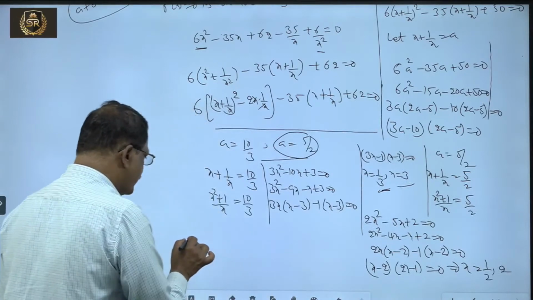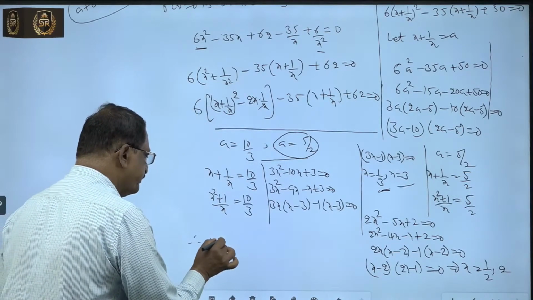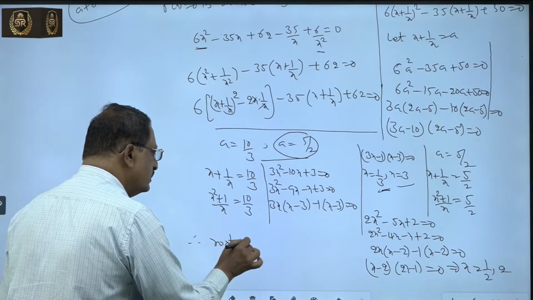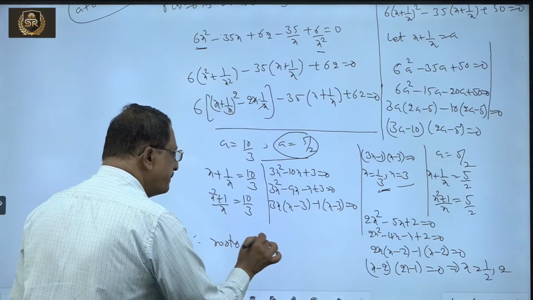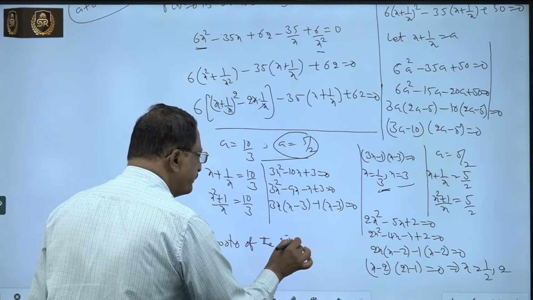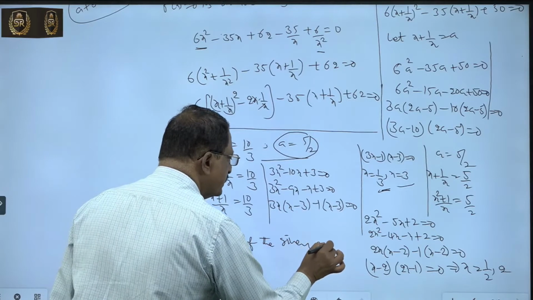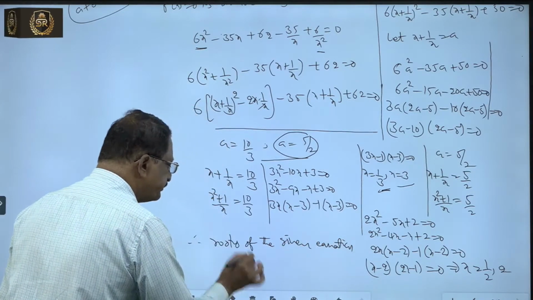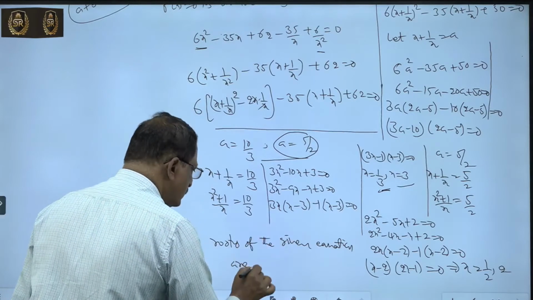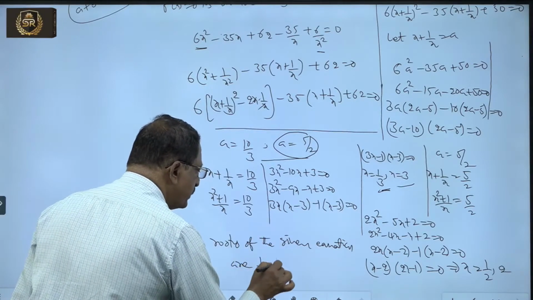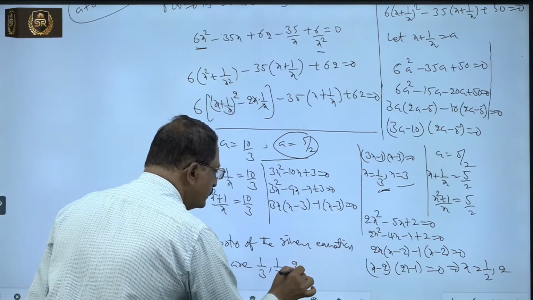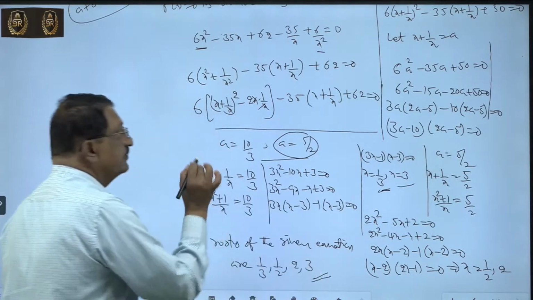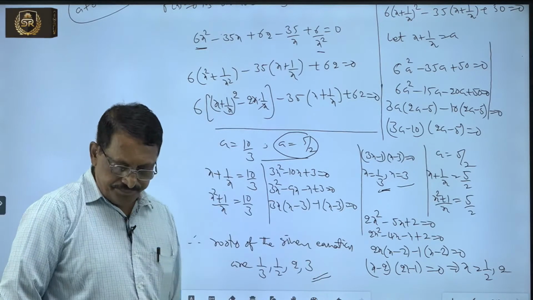Therefore, 1 by 3, 1 by 2, 2, 3 are the roots of the given equation.